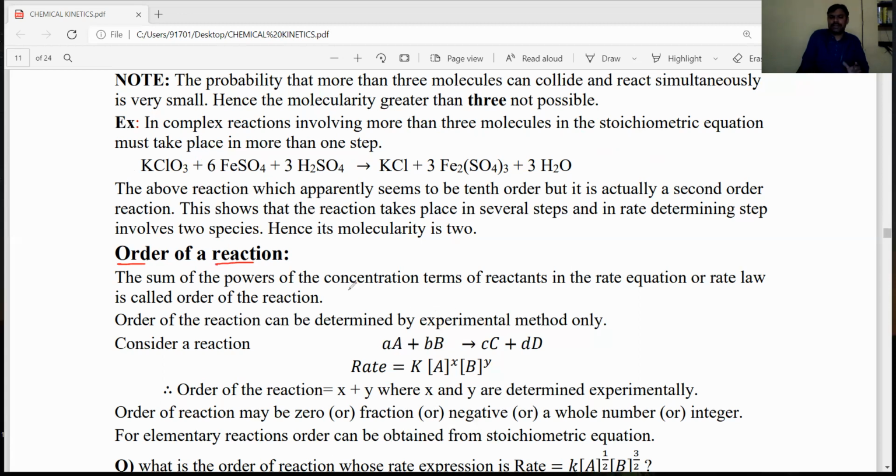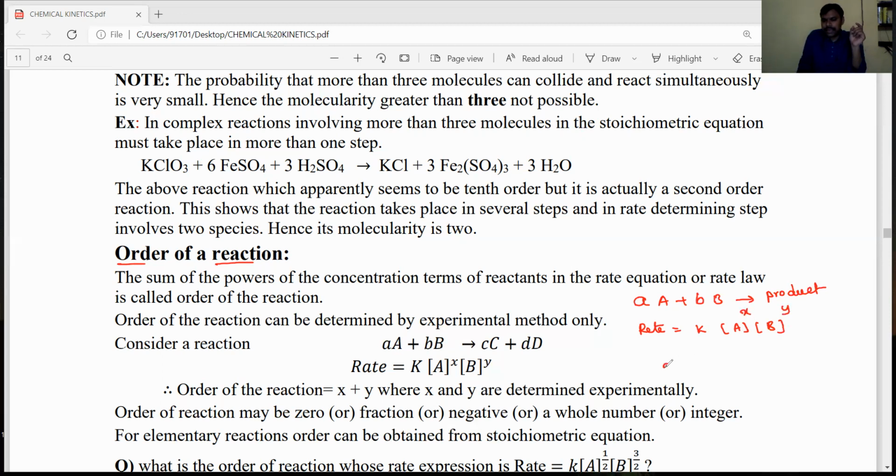For example, here I use one chemical reaction: aA plus bB is converted into product. According to the rate law or rate expression, the rate equals k times the concentration of A, here 2 reactants are there, times the concentration of B. Each concentration term is raised to some power. Here let me use x and y.